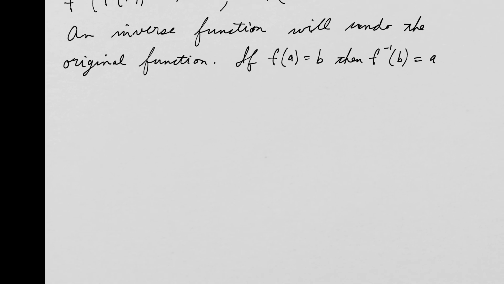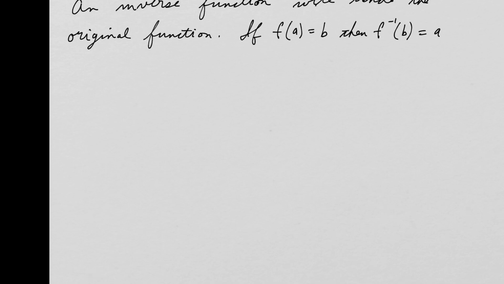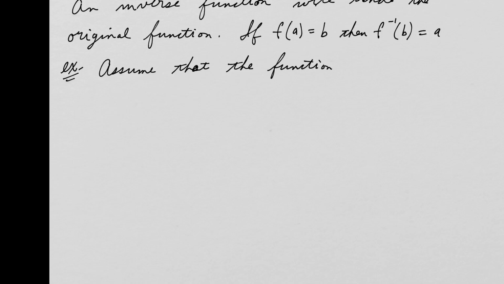So the inputs and outputs switch. So for example, let's assume that the function f is one-to-one. Okay, so we know it has an inverse.